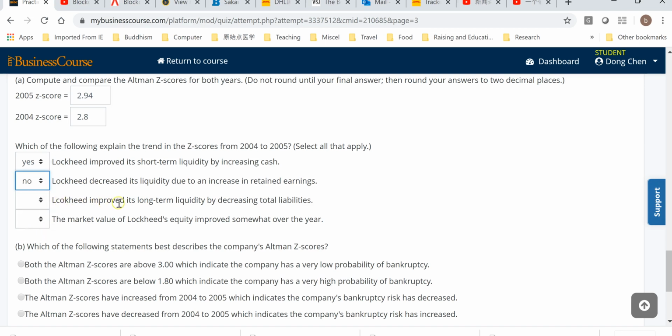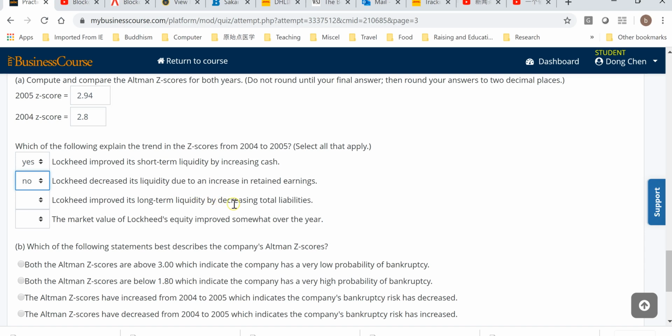Next, Lockheed improved its long-term liquidity by decreasing total liabilities. Long-term liquidity, that doesn't seem to be the correct statement, right? For the long term, we actually don't call it liquidity anymore. We call it solvency. Liquidity generally means it's just for the short term. So just looking at this statement, it doesn't sound to be correct.